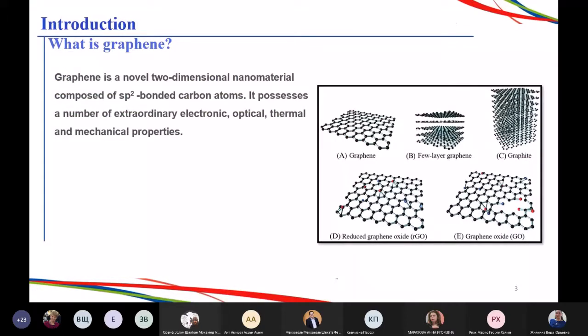Graphene is a novel two-dimensional nanomaterial. It possesses several exceptional physical and chemical properties that lead to many potential applications. These properties include electronic, optical, thermal, and mechanical properties.